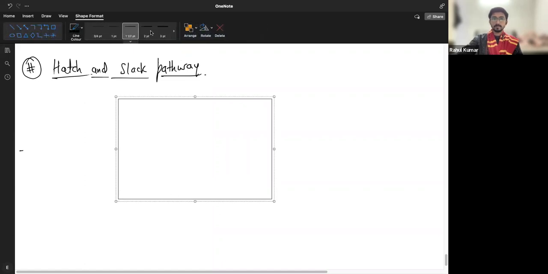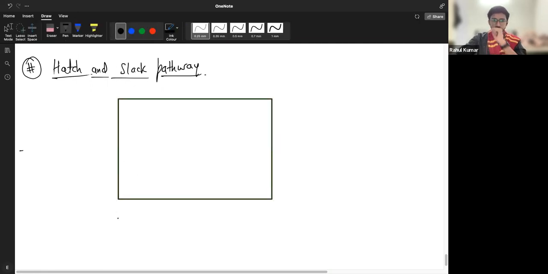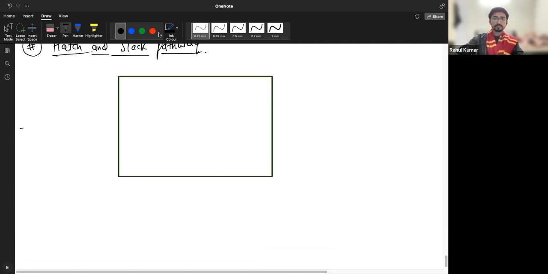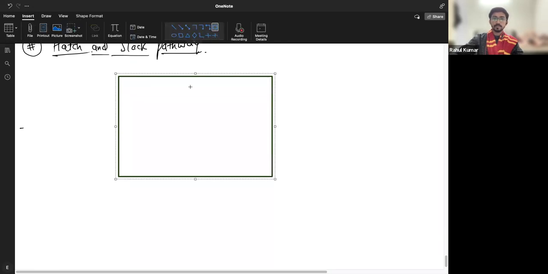So this is one. Okay, and I'm using the line color as dark green. I'm using blue. Insert.